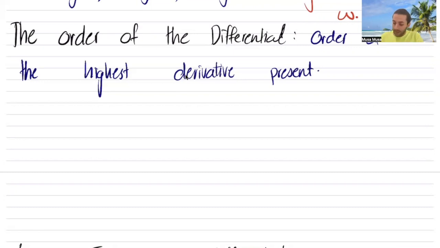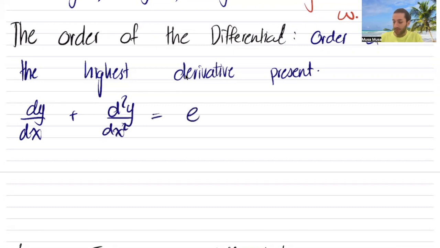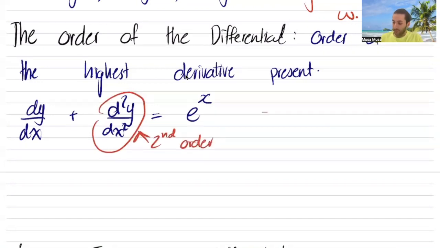If you have something like dy on dx plus d squared y on dx squared equals e to the x, then because this is second order, this becomes a second order differential.